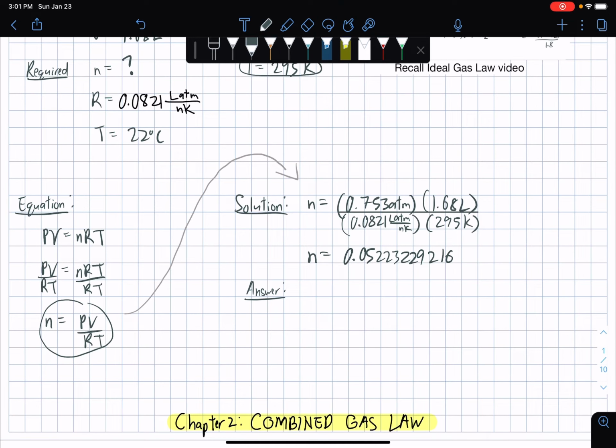Now, it may be overwhelming at first, but I don't think it's not allowed to round our decimal to 5 digits. So 0.05223, we have 5 digits after the decimal point. And don't forget to place the unit value, which is mole. So this is our final answer.